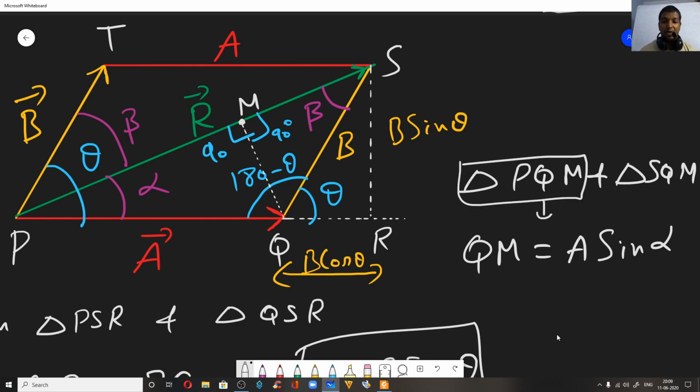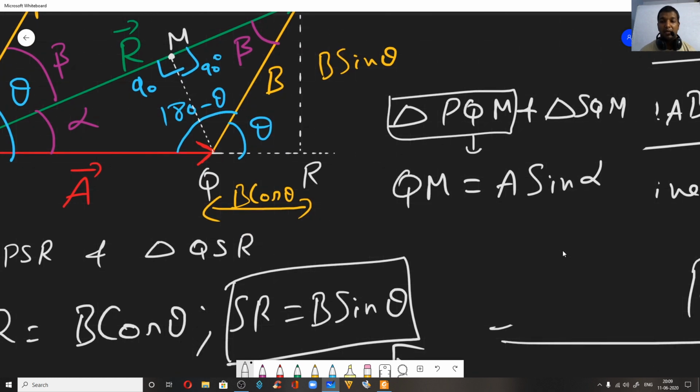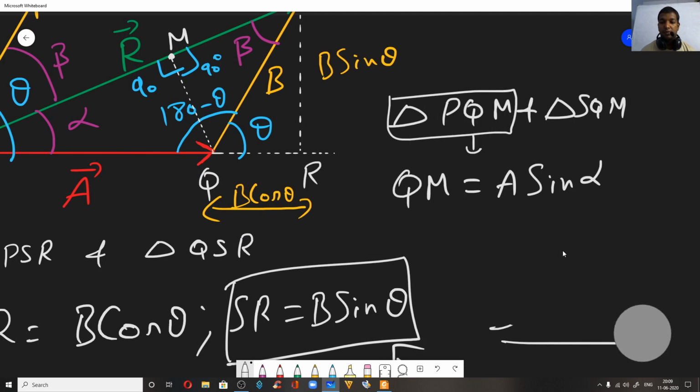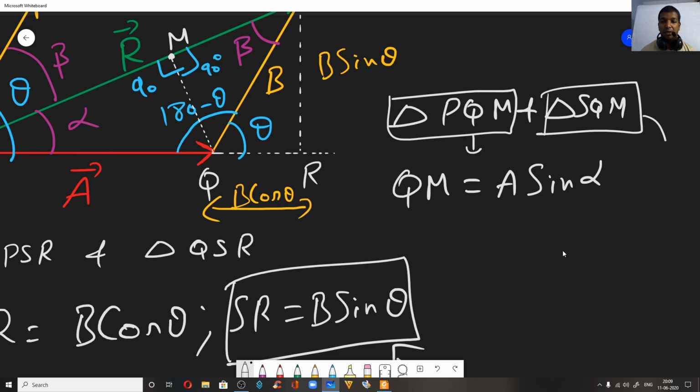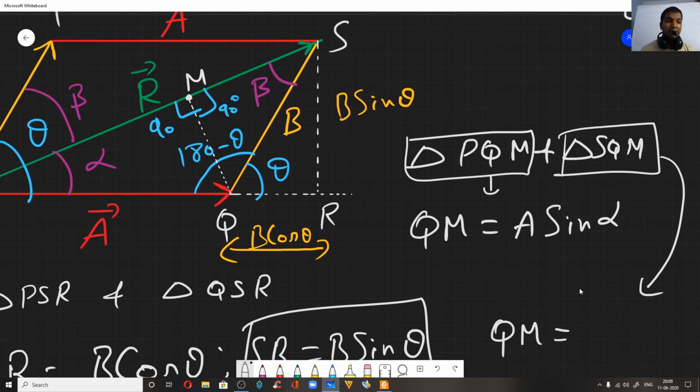Now from triangle SQM, you can also write QM, since QM is also part of triangle SQM. You can write QM as B sine beta.